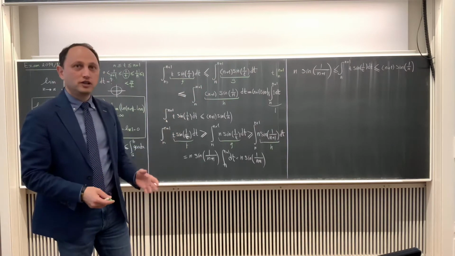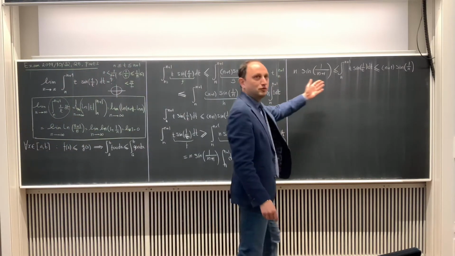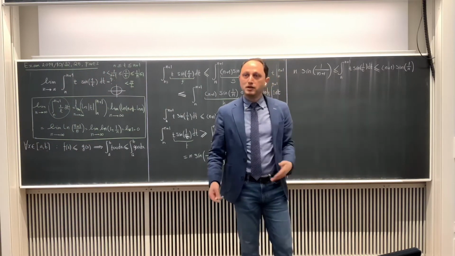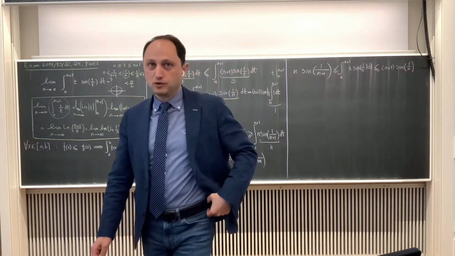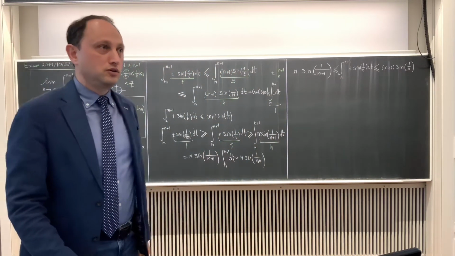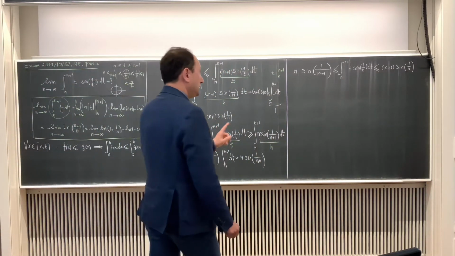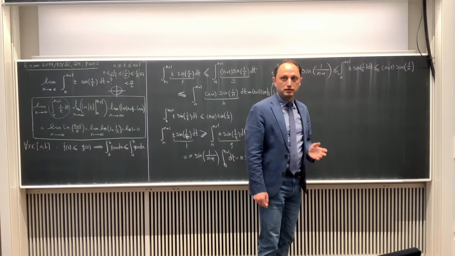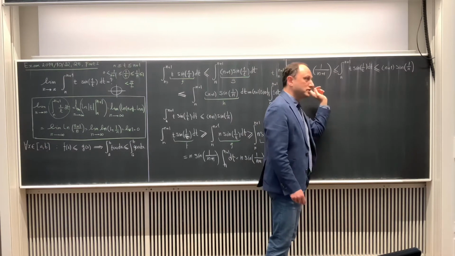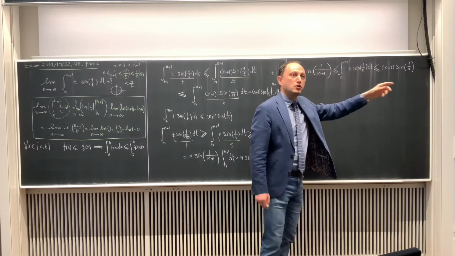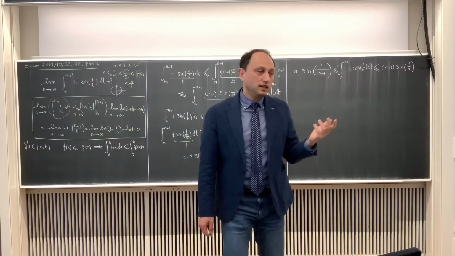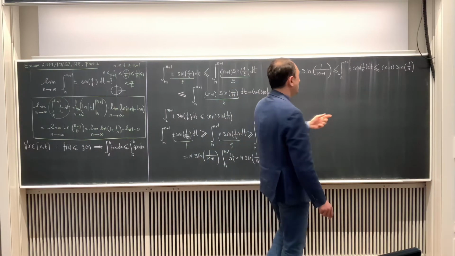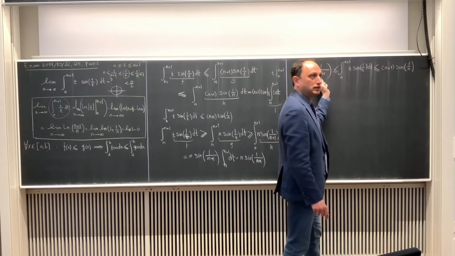Sometimes you do all the work, but then unfortunately, the limits of these two sequences are not the same, so everything is gone. So you cannot draw any conclusions. So be careful. If the limits are not the same, you cannot say anything. But if the limits are the same, then the limit of the middle one is also equal to that number. But then this will motivate me to start calculating the limit of that and the limit of this.